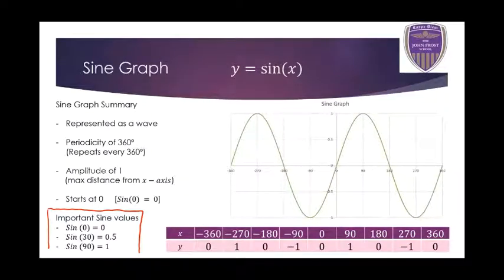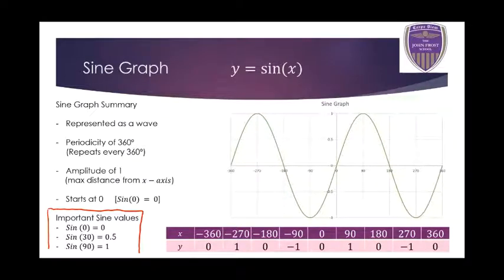So sine of 0 equals 0. Sine of 30 equals 0.5. That's the only value of sine, apart from sine 90, where it's not a load of randomly appearing decimal numbers. And sine of 90 is 1. Okay, so those are the 3 important values of sine.